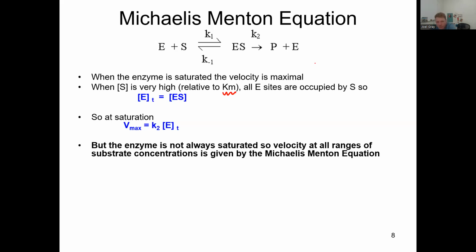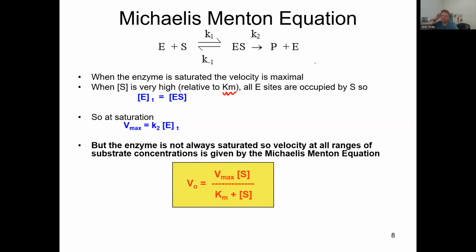The enzyme is not always saturated, so velocity at all ranges of substrate concentrations is given by this Michaelis-Menten equation. This equation is very important for y'all to know. This is V sub 0, or your initial velocity, is equal to Vmax times your substrate concentration divided by Km, which is that Michaelis-Menten constant, plus substrate concentration.